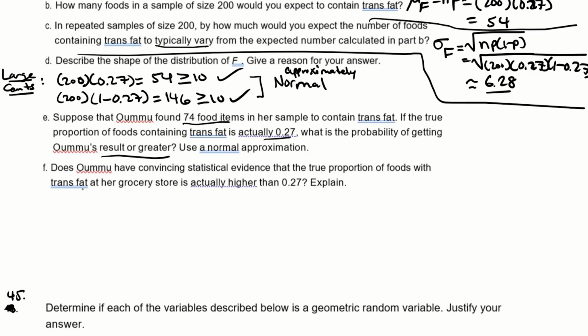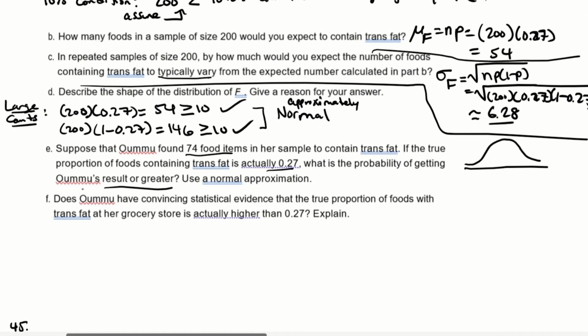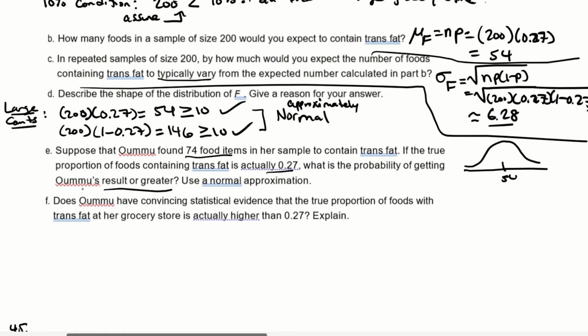All right, so remember that we have a normal distribution where the center of it is the mean, which is 54. If you recall, that was 54. And the standard deviation, it goes by sixes, 6.28 on either side. And we want 74 or greater, right? So we're going to use a normal CDF. Probability that x is greater than or equal to 74 is normal CDF. The lower is 74.